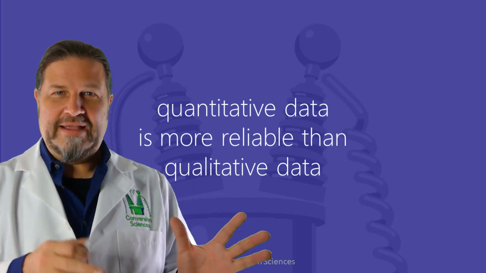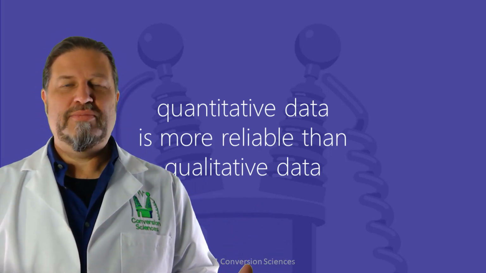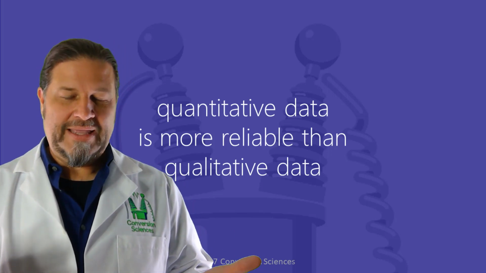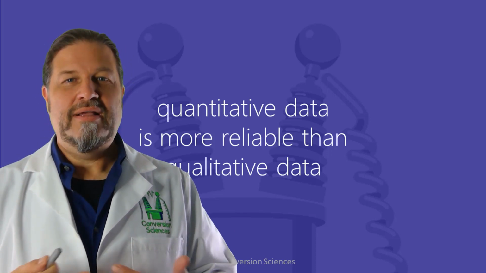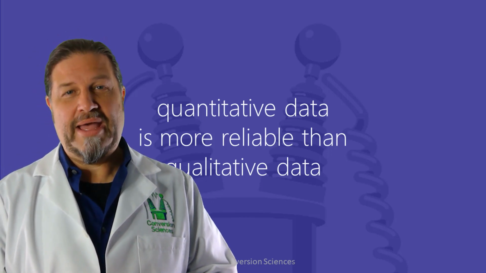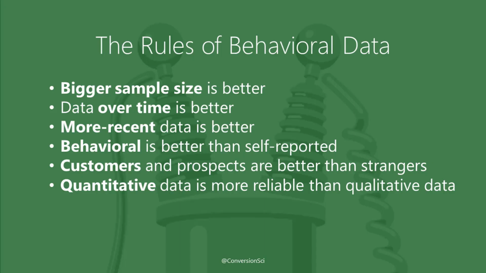So quantitative data can be used better to predict the future. Qualitative data is great for getting baseline information, great at the beginning of design processes to see if we're on the right path or to direct our path. So these are the 6 rules.